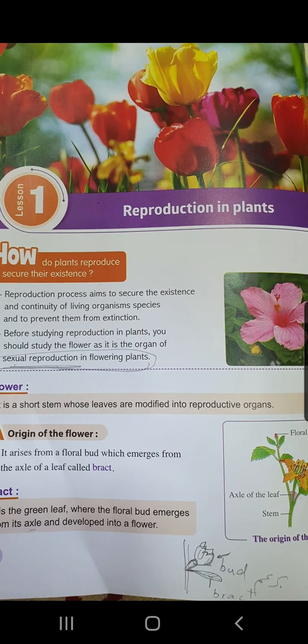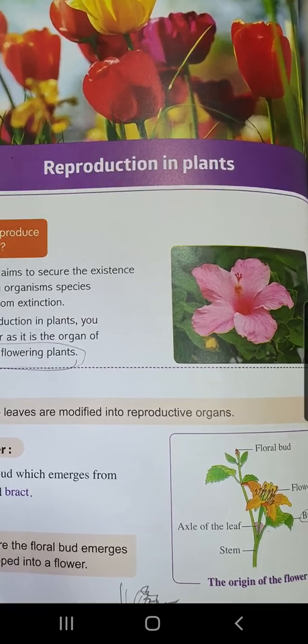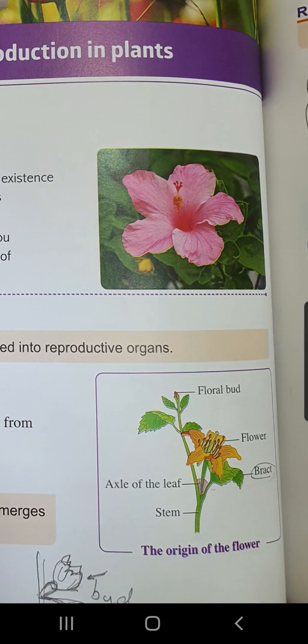The flower is considered a short stem whose leaves are modified into reproductive organs. So the flower is a modified stem.